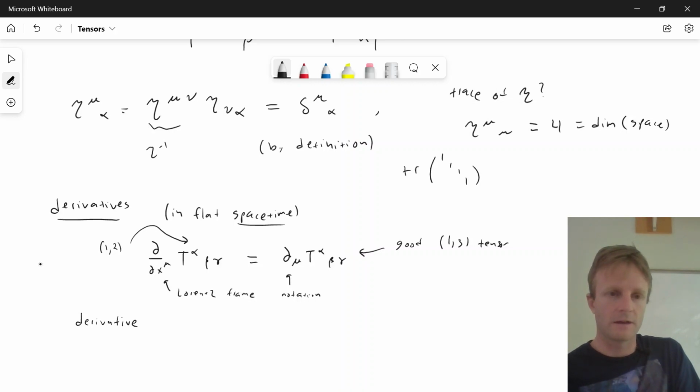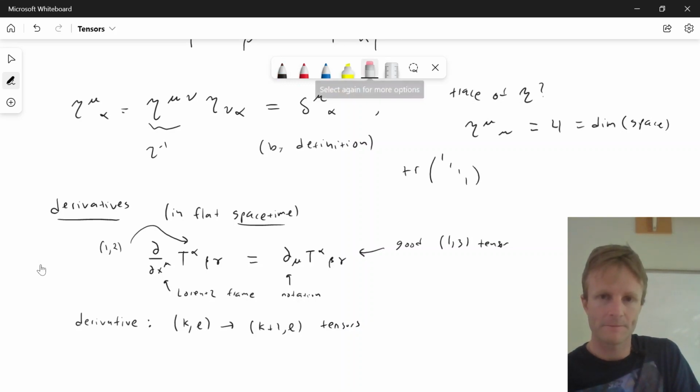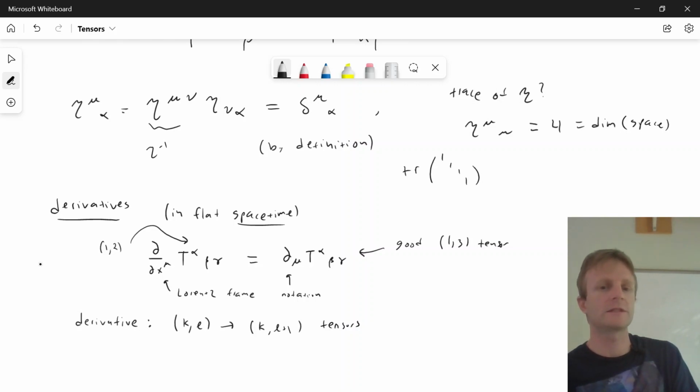Okay. So in other words, the derivative is a map from K, L tensors to K, L plus 1 tensors. Whoops, I got that backwards. So it just adds one lowered index.